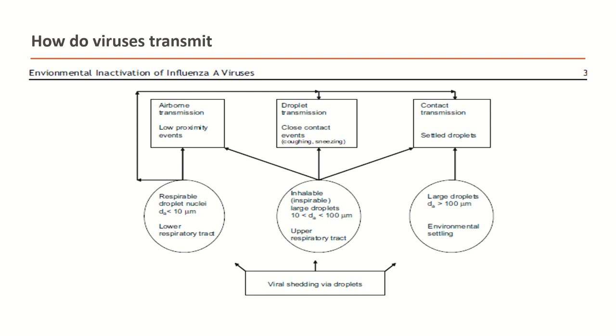In case of contact transmission, it is passed on from your touch of your body to affected surfaces, and from there it is picked up, and then by various means it may reach your lungs. For example, it may be your mouth or your eyes or your nose.